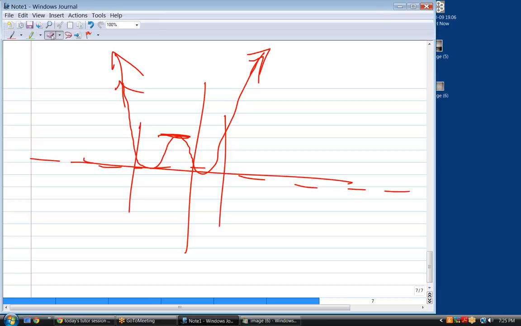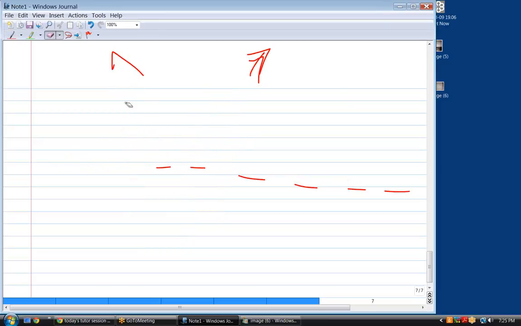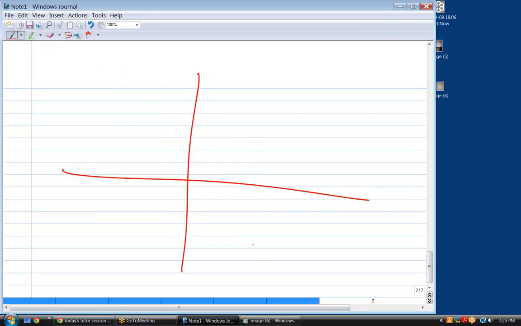Okay, so let me draw a few more functions here. Is this bounded?